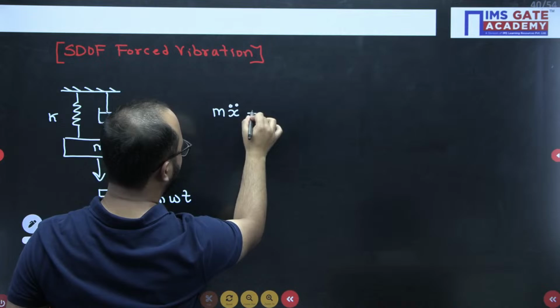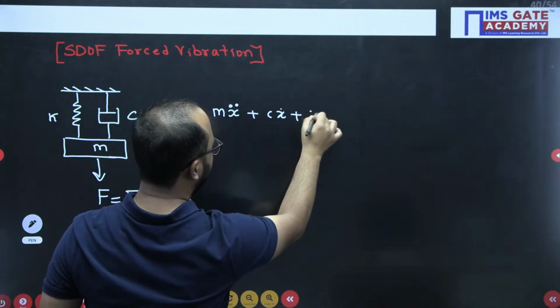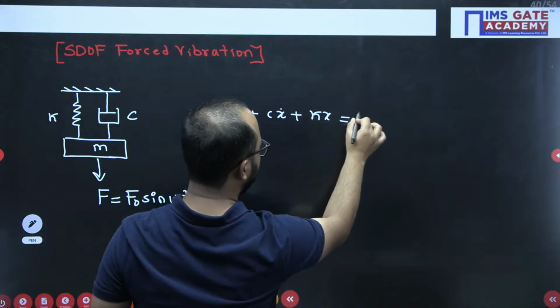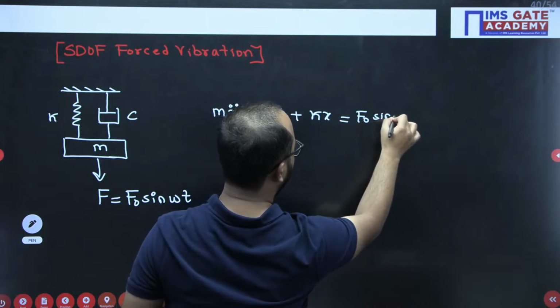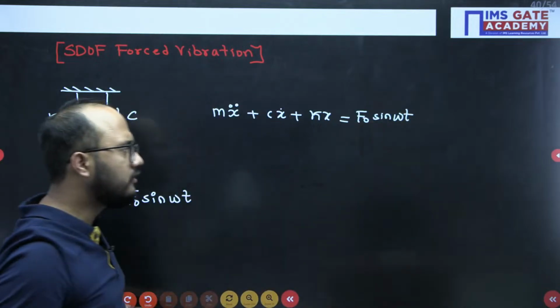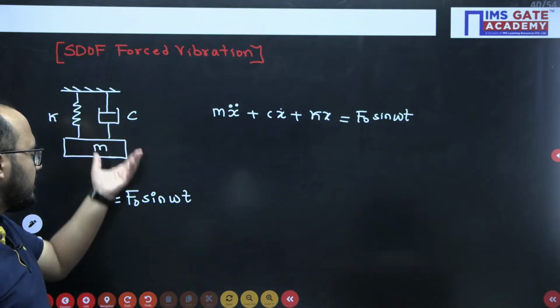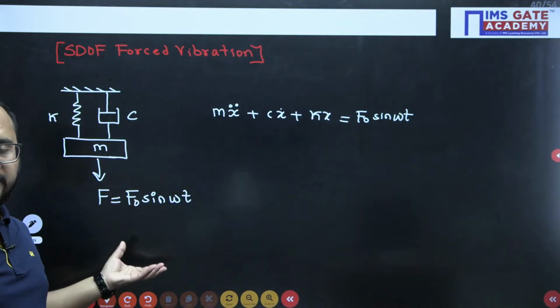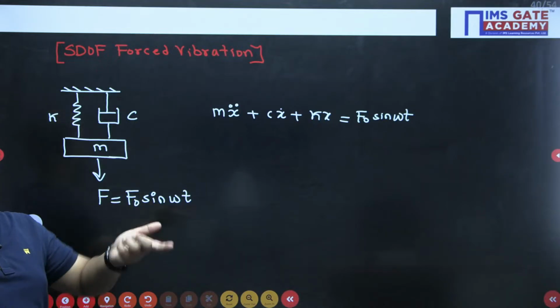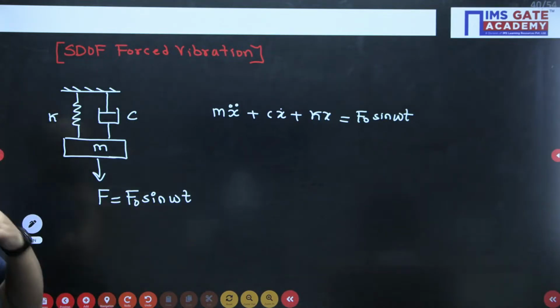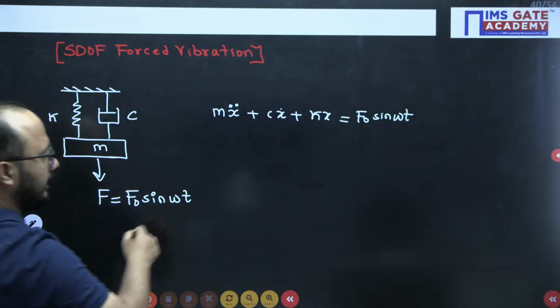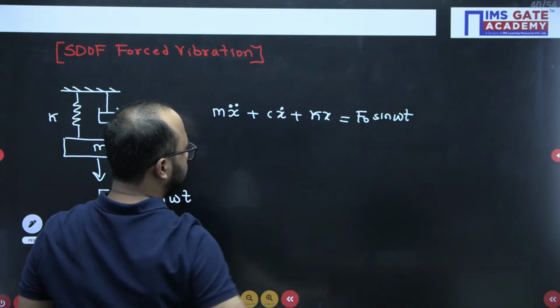M x double dot plus C x dot plus K x equals F naught sine omega t. Instead of sine omega t, it can also be cos omega t. That is not a point here, because some kind of variable force is acting here. It can be in terms of sine, it can be in terms of cos as well. So there is no problem with that. We can take it as per the given situation.